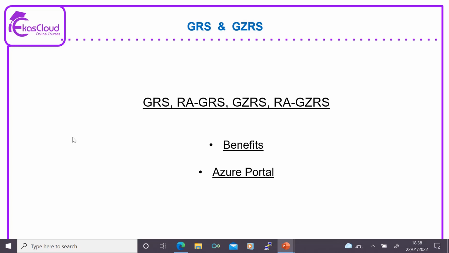A couple of important points worth noting are, when you go for the GRS or GZRS option, you can only choose the primary region. The secondary region is assigned by Azure considering what primary region you have chosen. So you cannot select the secondary region. Secondly, in the secondary region, your data is always stored in the LRS model.